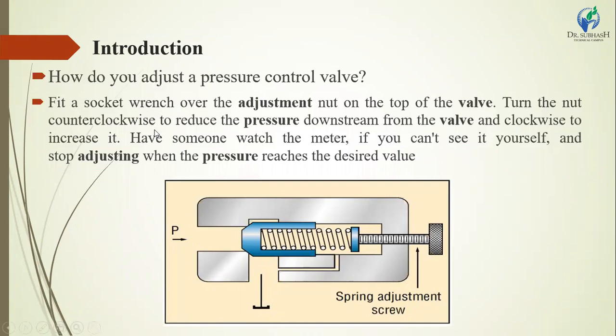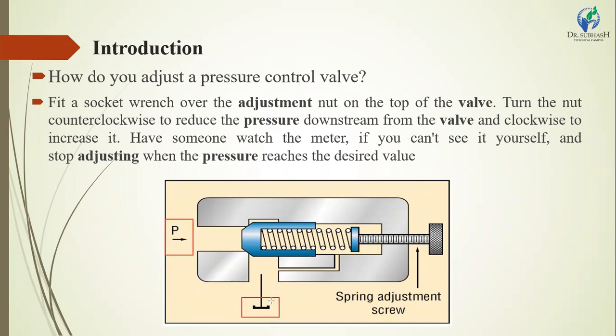How do you adjust a pressure control valve? We have been talking about the pressure control valve, but how do we adjust it? That is what we have to learn. Here in this figure we show all the components. The P and arrow direction indicate that the hydraulic pressure enters from this side.